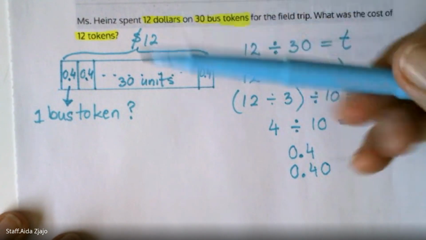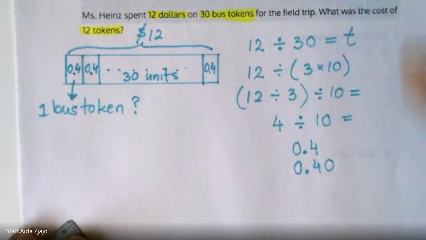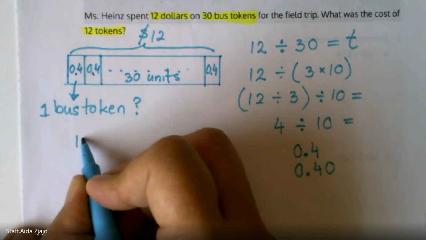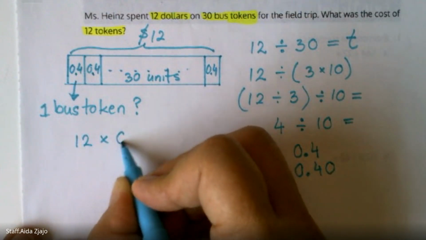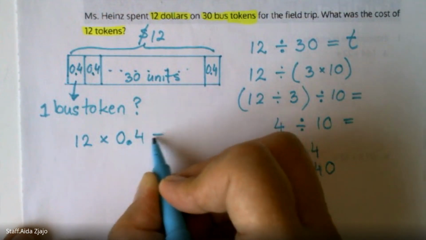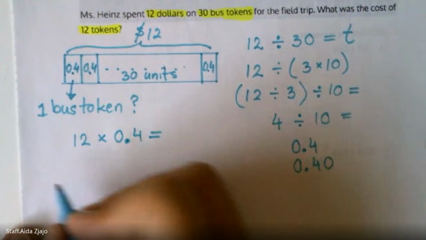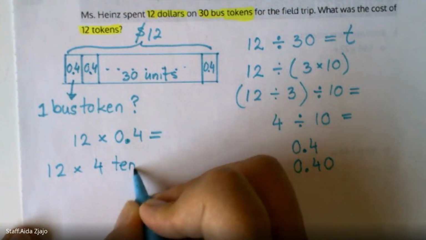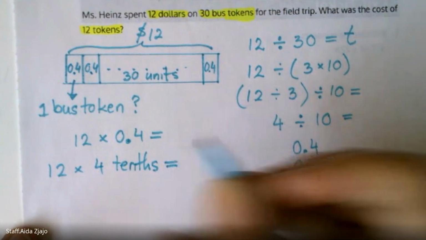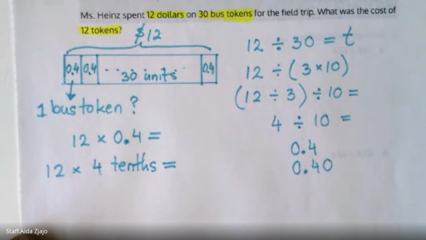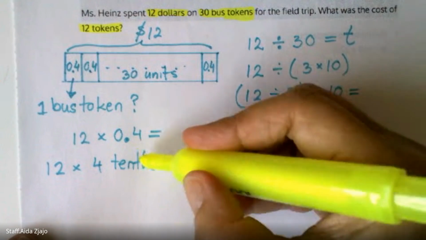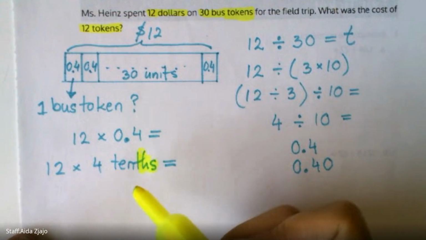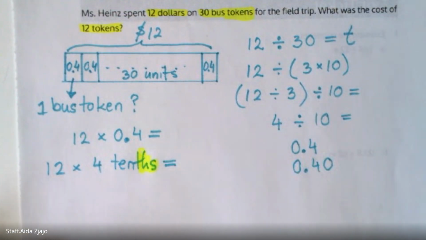Now, this is 1, but now we need to multiply. What is 12 times 0.4? 12 groups of 0.4. So we can think of this as 12 times 4 tenths. Now it's easy because I only have to multiply 12 times 4, and I can use the distributive property.